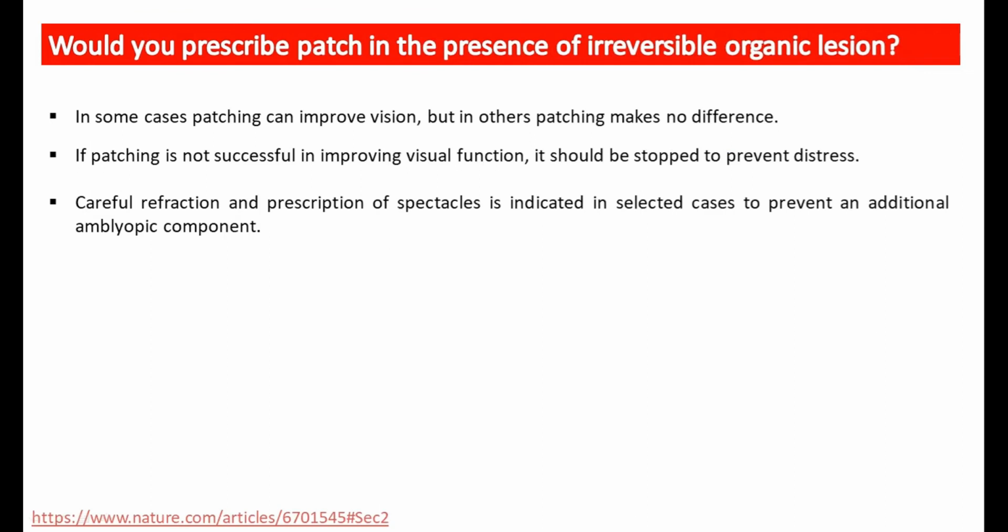In all the books, they call it organic amblyopia. So if patching is not successful in improving visual function, you should stop it to prevent distress, because you are covering the sound eye. But again, most of the time, if there is an organic lesion, there might be an associated refractive error and you have to correct it.